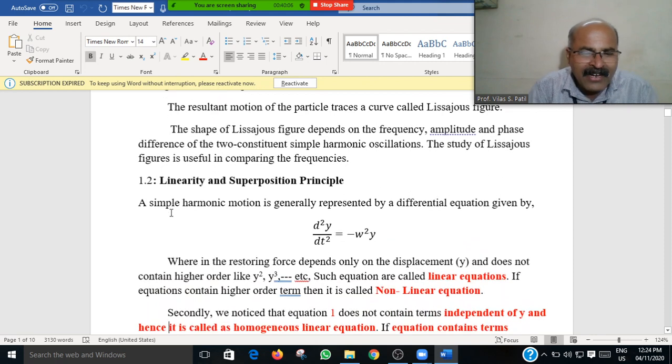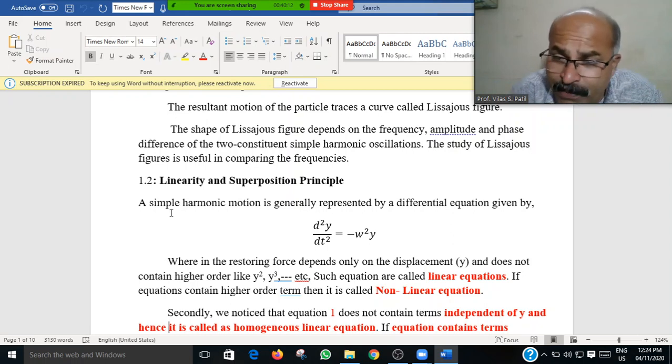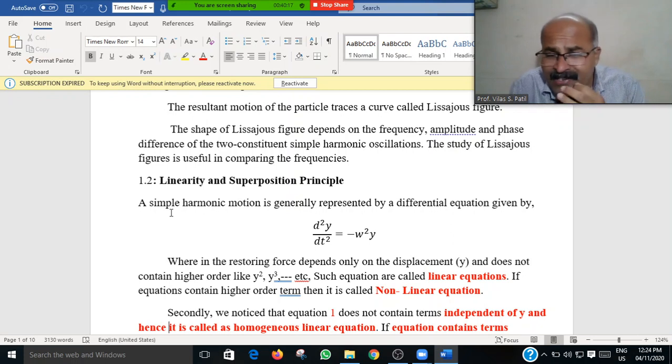Friends, the linearity and superposition principle: what is the statement of the superposition principle, the superposition theorem? In the case of oscillatory motion, simple harmonic motion is generally represented by the differential equation d2y by dt square is equal to minus omega square y.